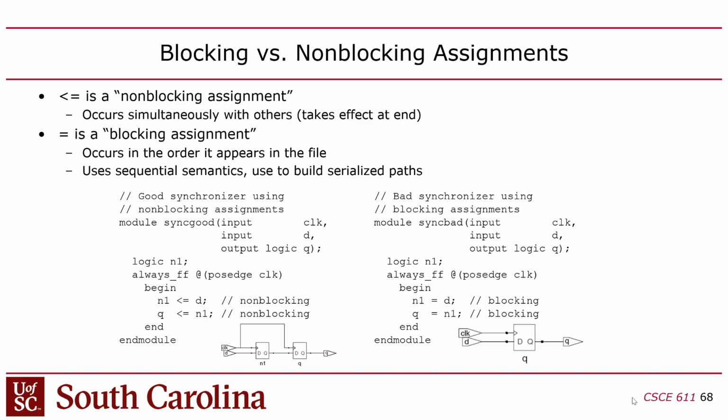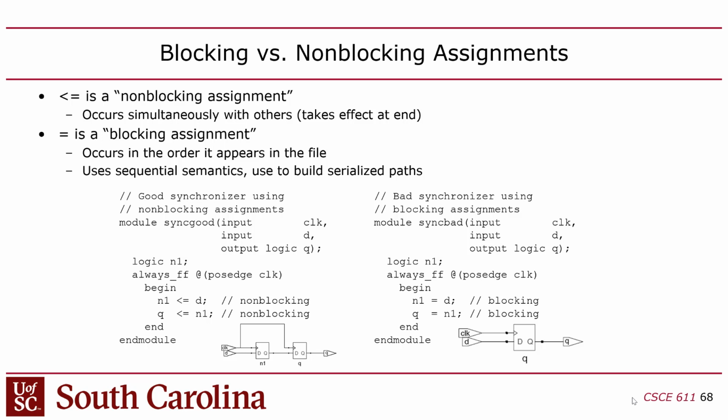This is redundant. It'll work, but it won't give you this delay behavior, this serially connected behavior. Now you might argue, wait a minute, why not just do the blocking and change the order of these two lines of code? Wouldn't that fix it?